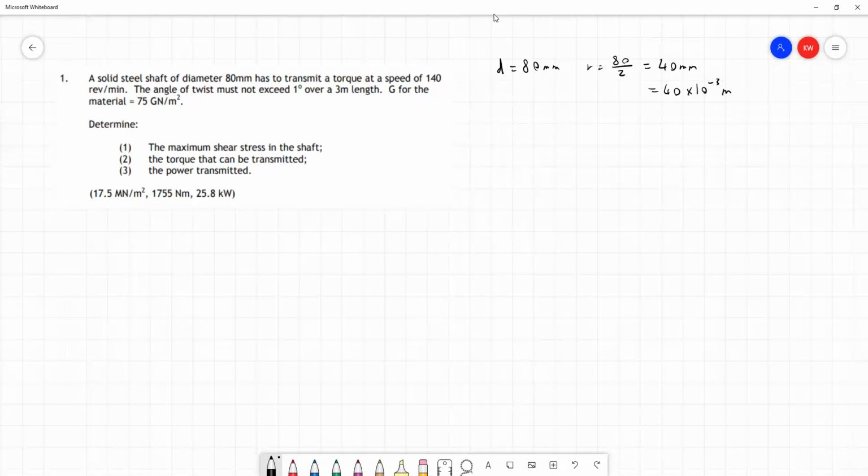However you write it, make sure you have it correct. You divide by 1,000 to convert millimeters to meters.